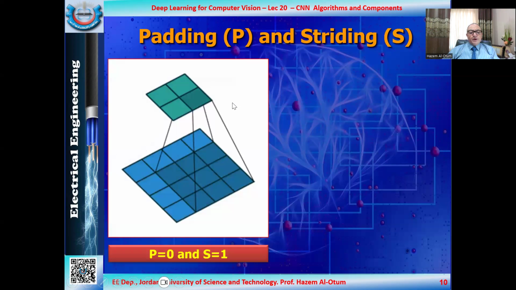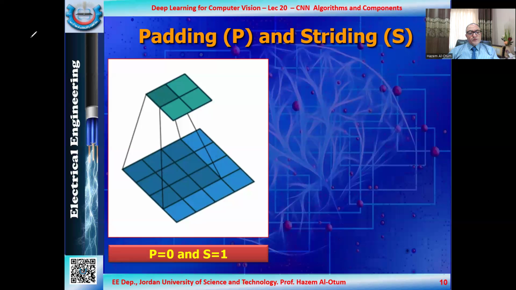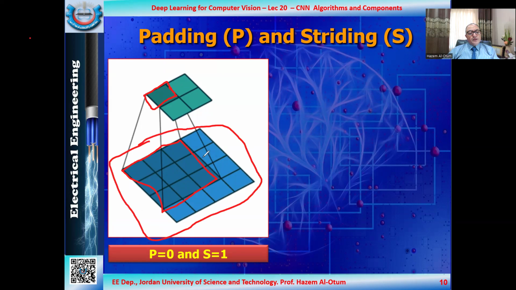And here we have a good example with p equals 0, there's no padding, and s equals 1 for the stride. As you see here, when we look at the pixel at the upper left corner, for example, the first pixel, this one, the output will be obtained from a matrix of 3 by 3, because we have zero padding. There are no extra zeros surrounding the image.